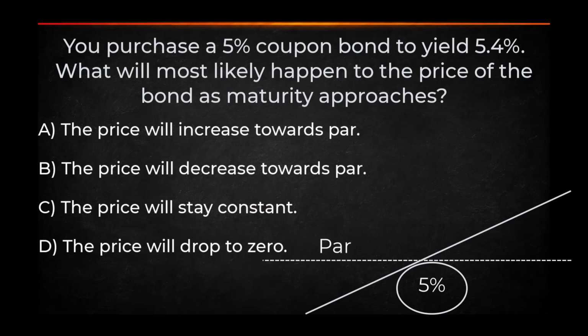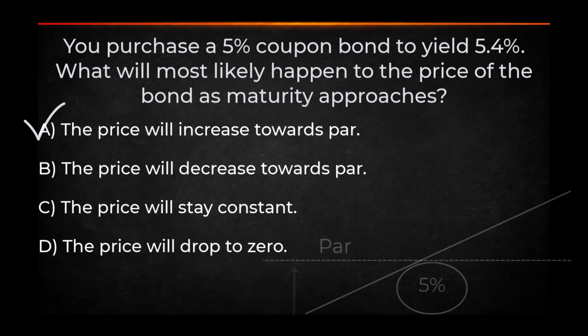So as you approach maturity, the bond is going to go ahead and trade closer and closer to par value, which means that the price of this discount bond is slowly going to increase as it approaches maturity, and it'll get closer to 1,000. Okay, so the answer would be A, the price will increase towards par. Again, a very tough question, but a great question to really understand conceptually how this all works.